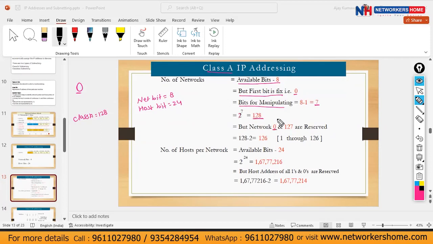If you remember, 0.0.0.0 we do not use, and 127.0.0.0 we do not use. These 2 networks are reserved, so we have to reduce 2 more. So total, how many networks are there in class A? 126. So in class A, you can design 126 networks. And yesterday also we saw this range 1 to 126.